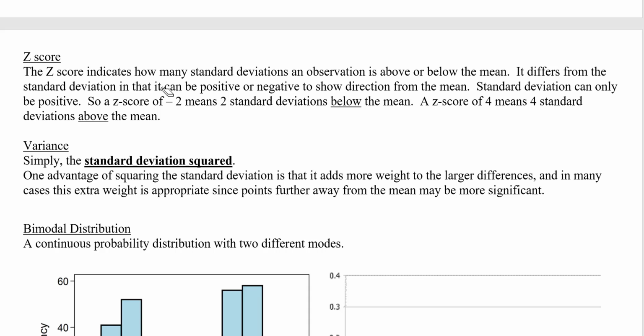And variance is actually a pretty simple thing. It's simply the standard deviation squared. Okay, you square the standard deviation. Basically, it's used a little bit in statistics. You need to know it. But one advantage of squaring standard deviation is that it adds more weight to the larger differences.